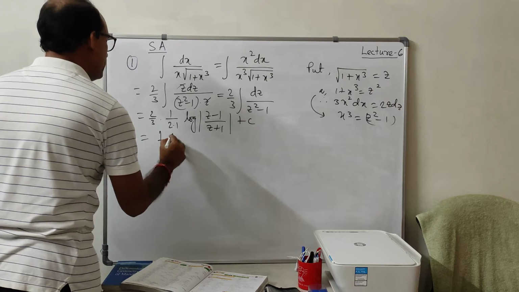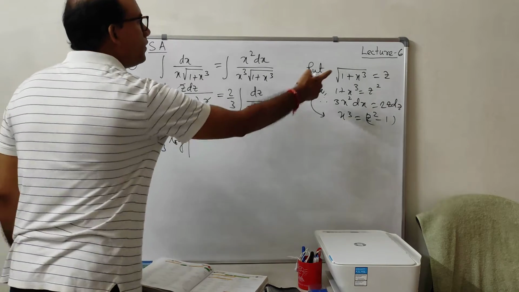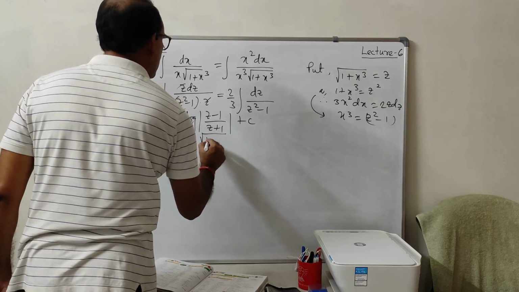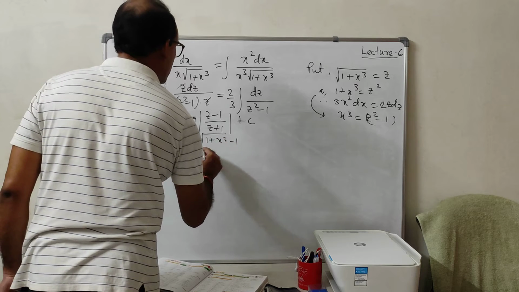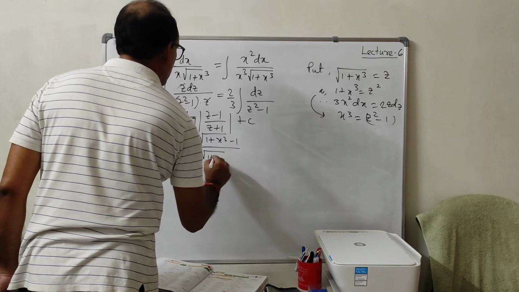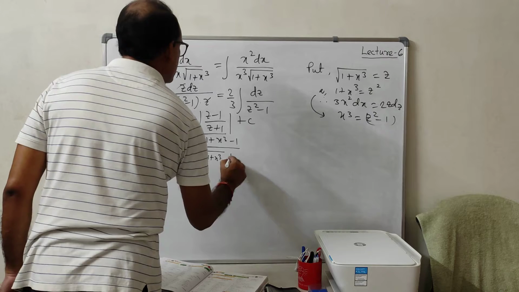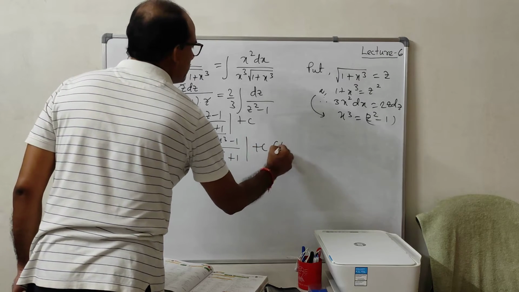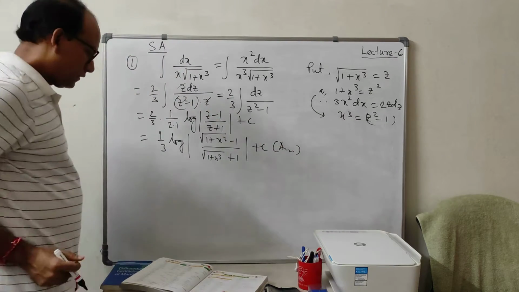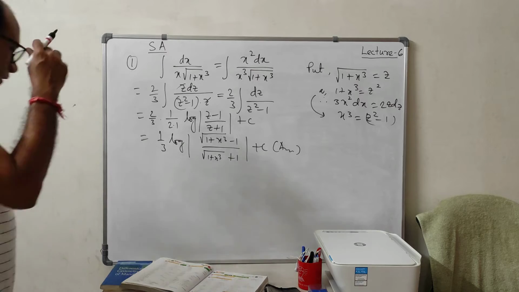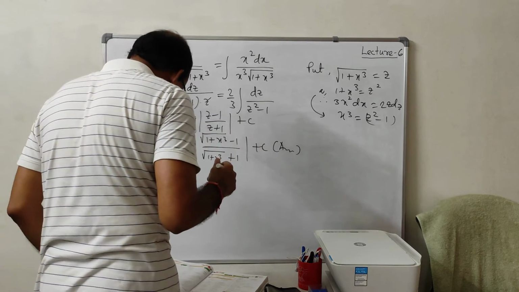This is 1/3 log mod, what is z? Square root of 1 plus x cube minus 1 by square root of 1 plus x cube plus 1 plus c, and this is the end of the integral.